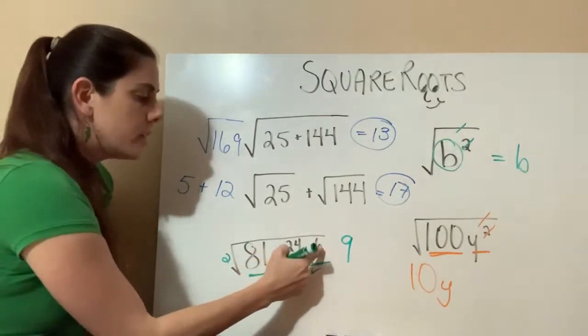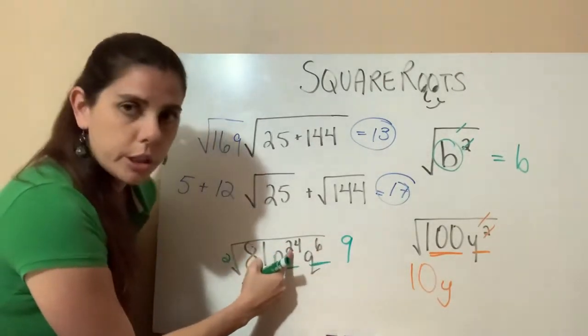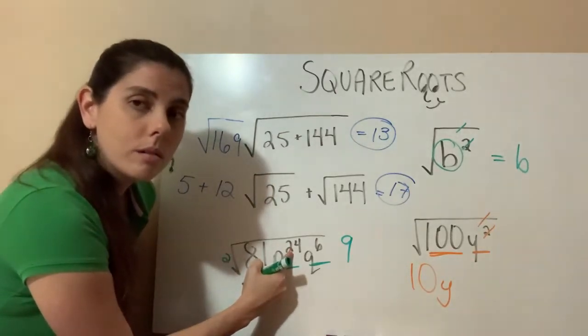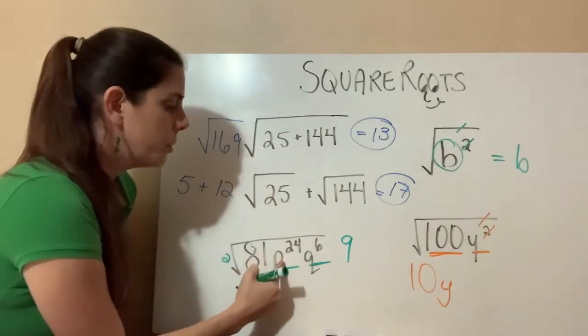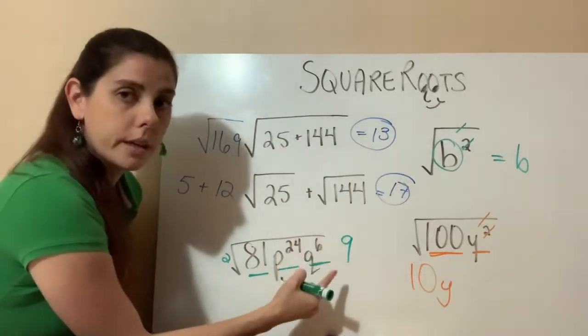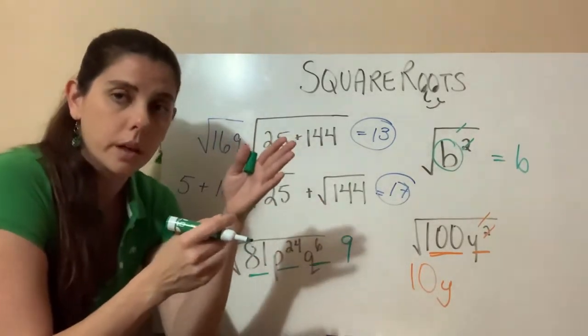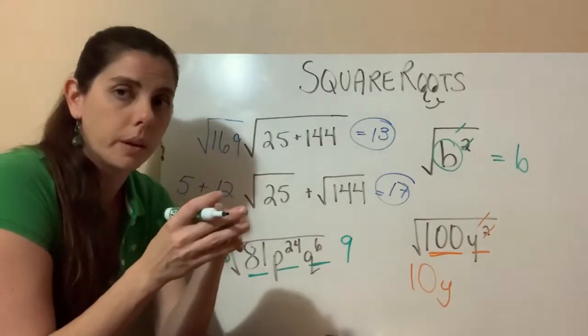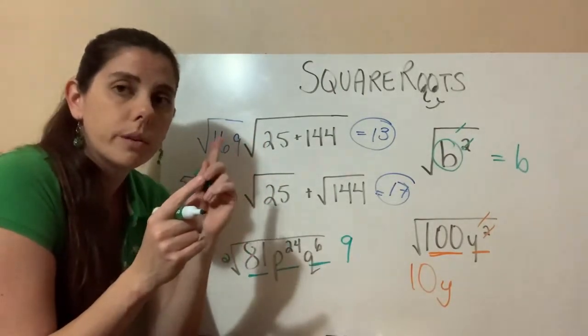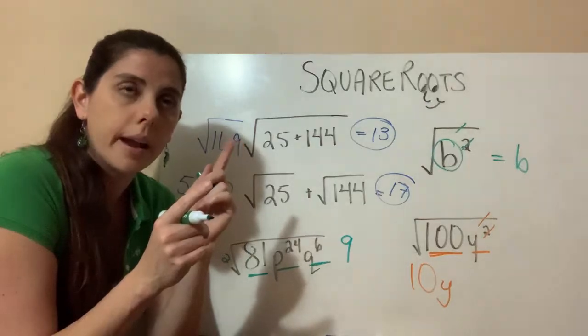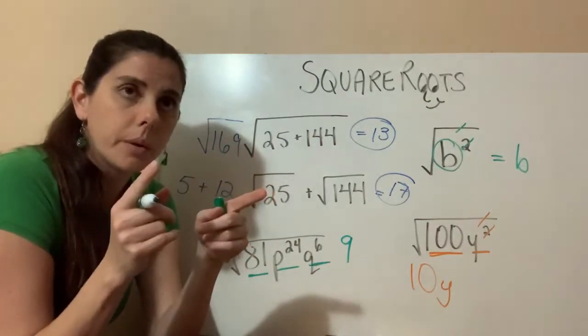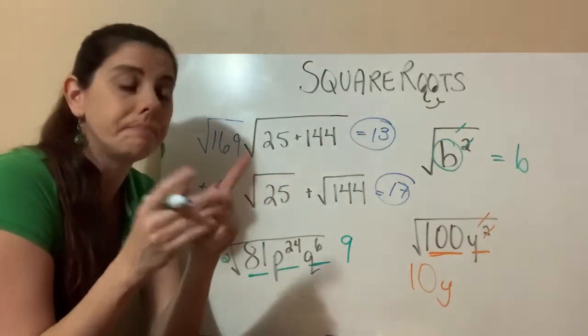Now, these exponents are numbers that are not 2. So how do we find the square root of p to the 24th or q to the 6th? A nice easy way: if we think back to chapter 6 and our properties of exponents, remember how if there's an exponent on the inside and an exponent on the outside, we multiplied?